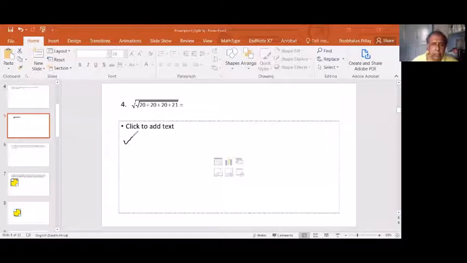So let's look at the outside square root. The inside square root, well, we can add those numbers. What do you get? You get 20 plus 20 plus 20 plus 21. Okay, that is 40, 60, 81. So this is the square root of the square root of 81.